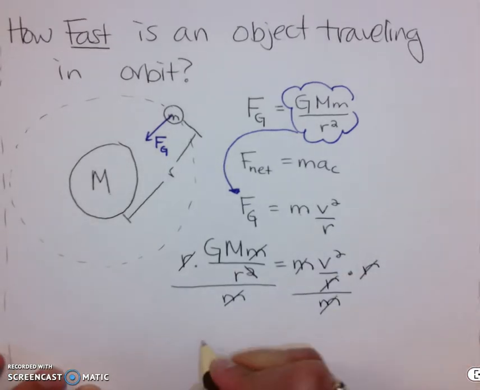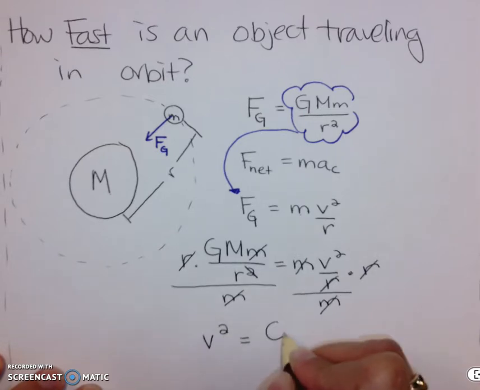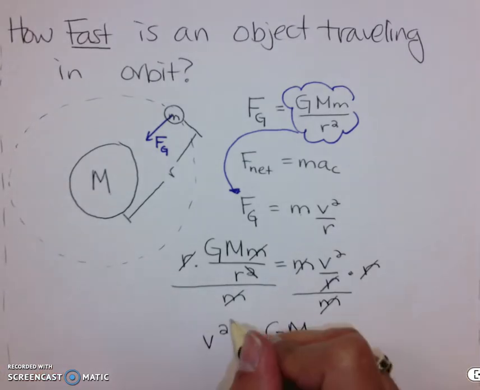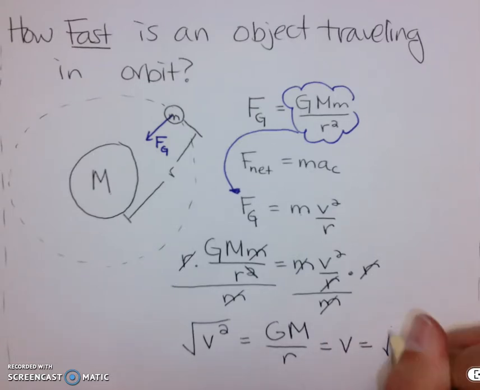And so I'm left with v squared is equal to big G, big M over r. And so the last step would be to take the square root. And so that would be v is equal to the square root of big G, big M over r.